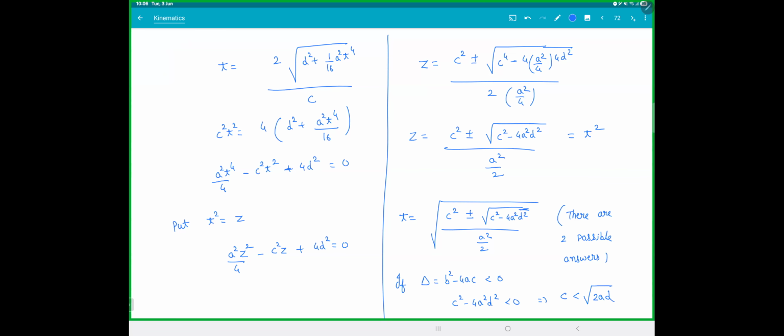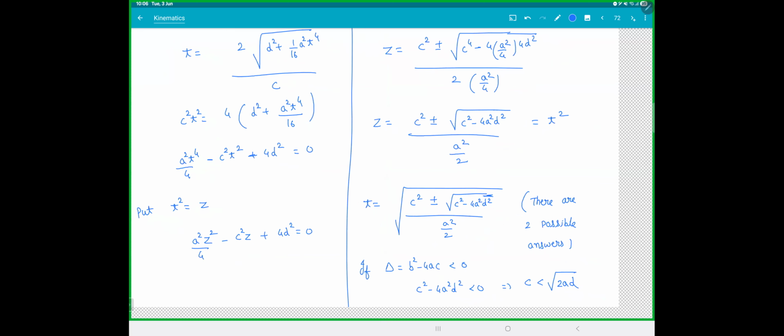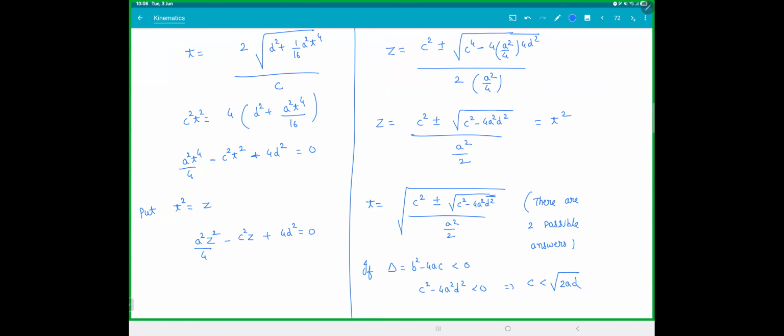Roots are imaginary. What do you mean by roots are imaginary? Means such a time cannot exist. Means the person can never hear an echo. So this is the condition for him not to hear an echo.